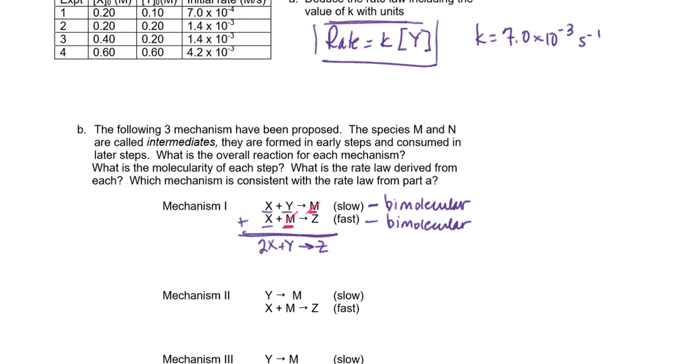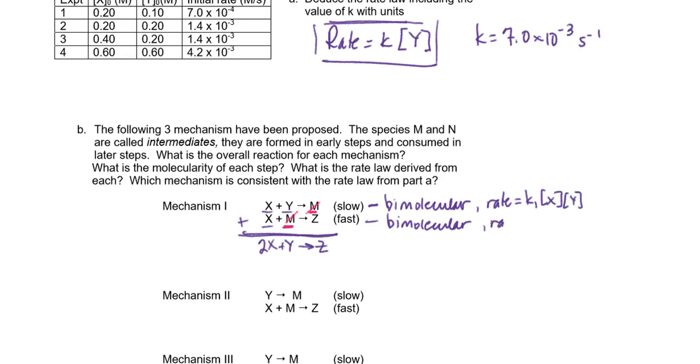So that means that here, the rate for the slow step in mechanism 1 is the rate constant K, since it's the first step, let's call it K1, times the molarity of X times the molarity of Y.